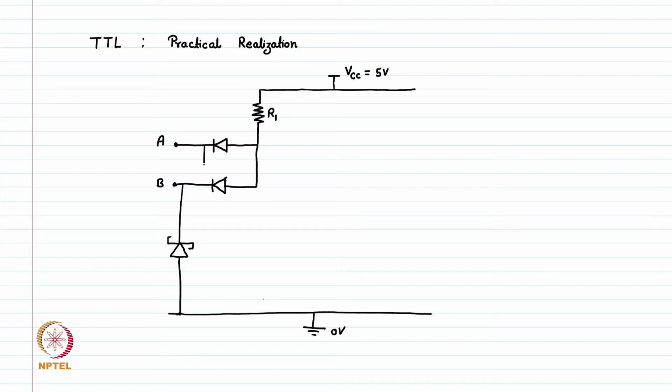Similarly, for the pin A, we can also call them clamp diodes.